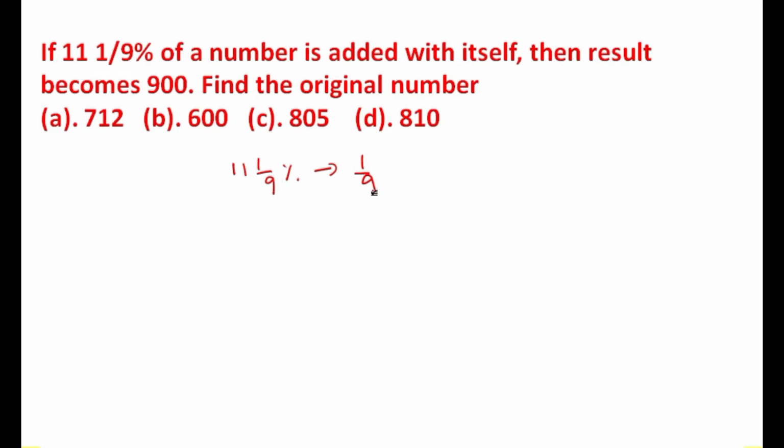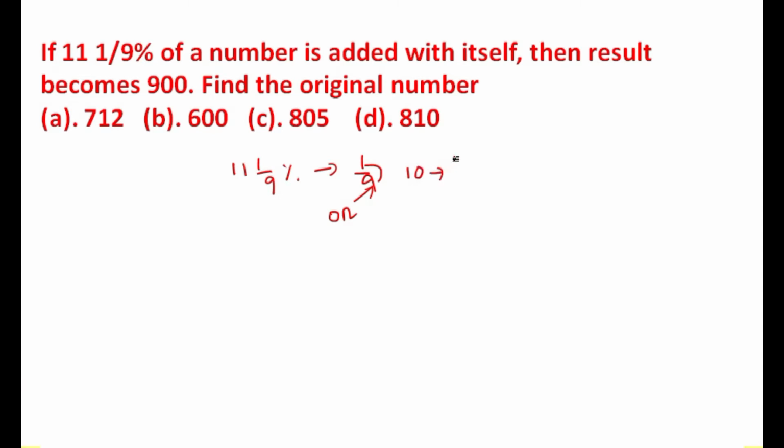Now as I have already told you, the number which is in the denominator, the base number, is always the original number. So here it is said that 11 1 by 9% of a number is added with itself. This 11 1 by 9% is 1. If it is added with itself, that means if we add 9 with 1, then we get 10.